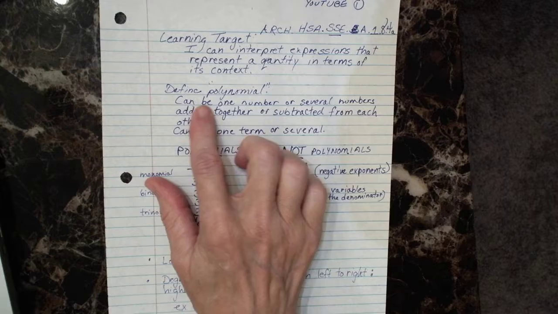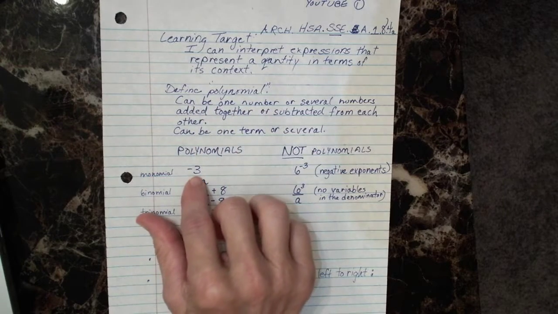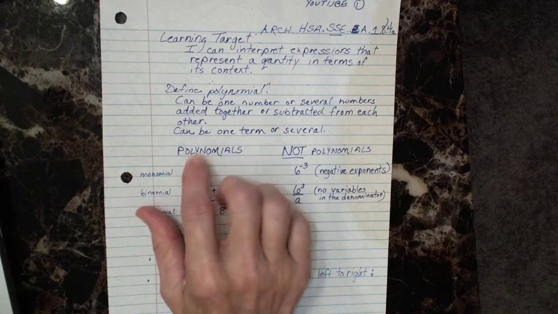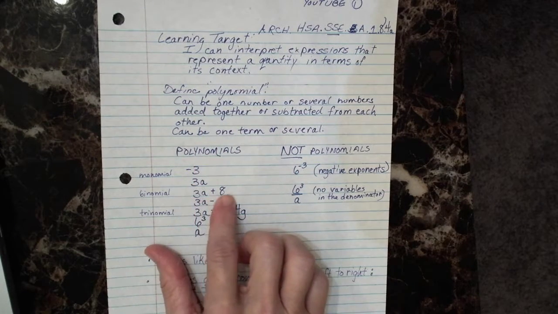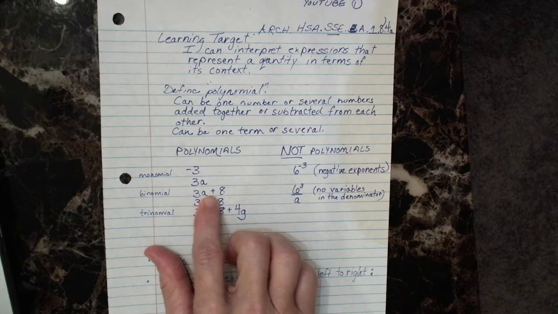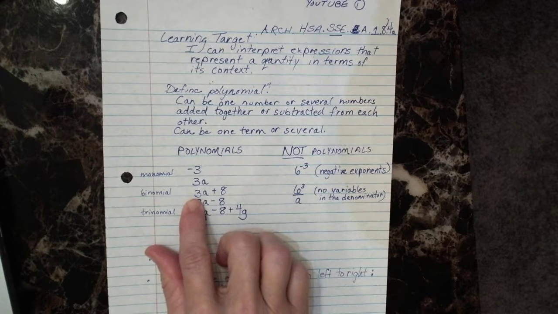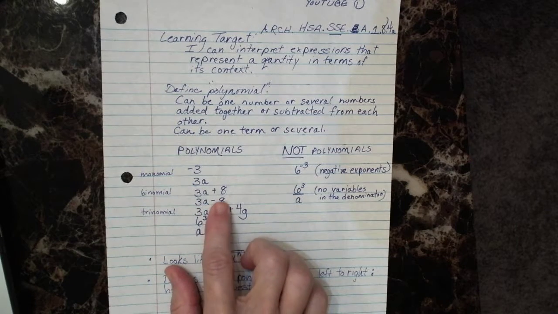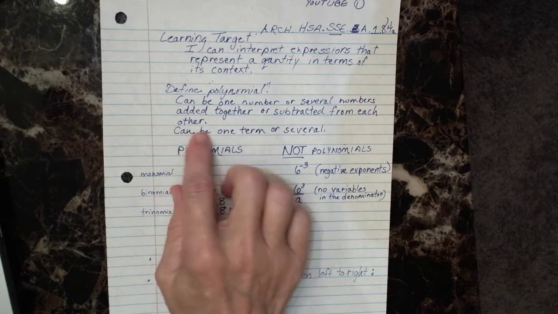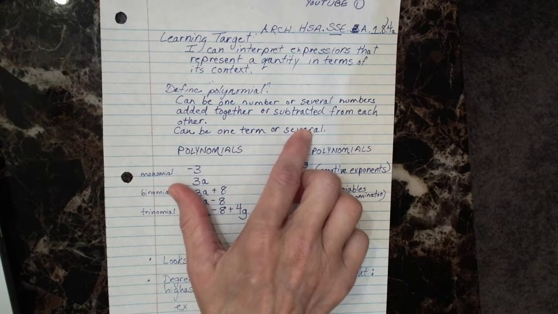So a polynomial can be one number here, or several numbers added together, such as here, where we use a variable attached to a number, or subtracted from each other, such as here. Polynomials can be one term or several.